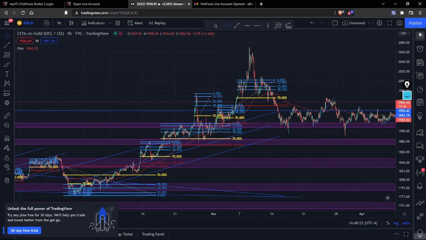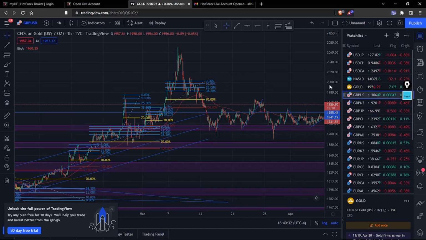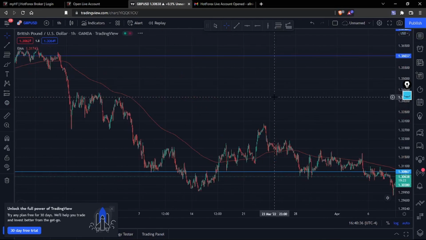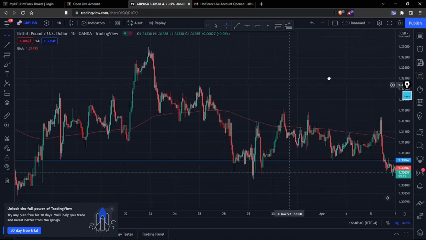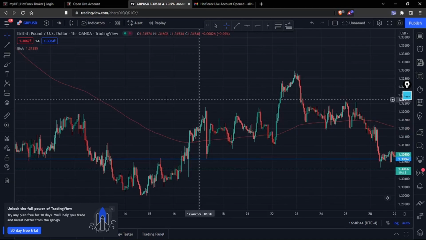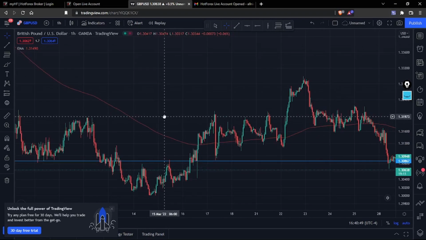All right. Now, how do we properly identify support and resistance zones? I'll see if I can have an empty chart here so that we can have a better understanding of what are the support and the resistance zones. So here on this chart, we're able to identify immediately support and resistance zones.